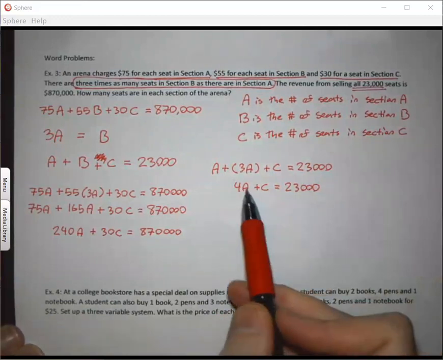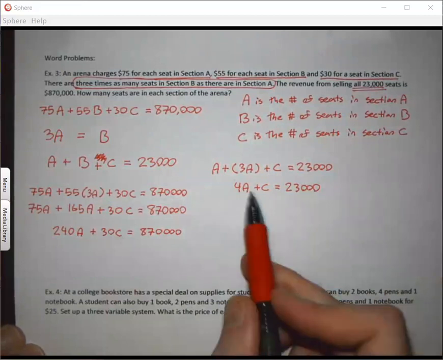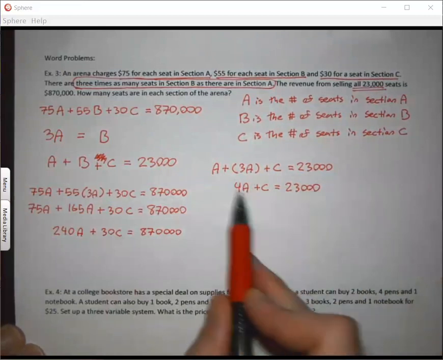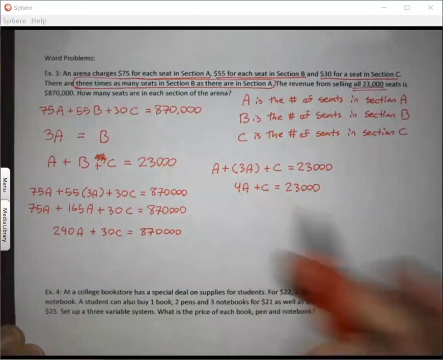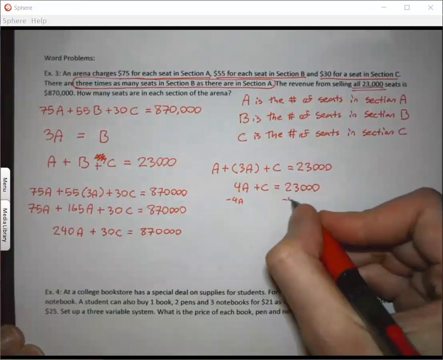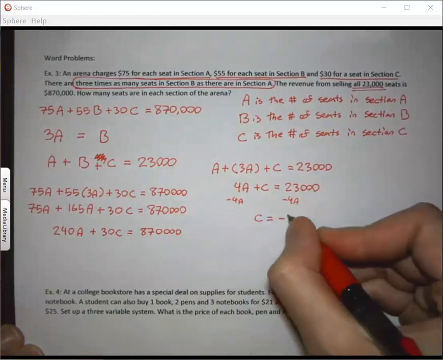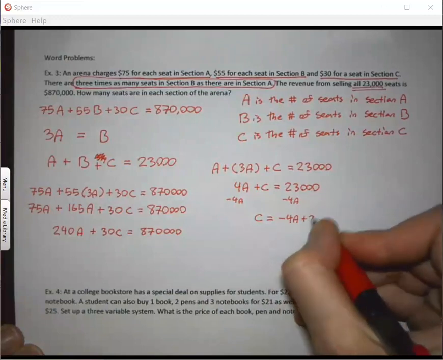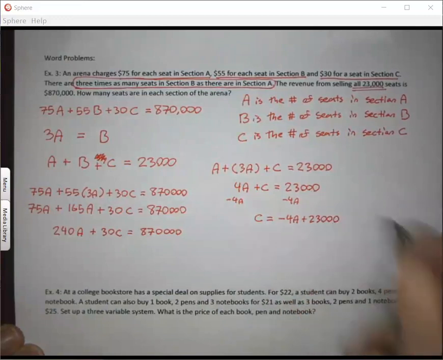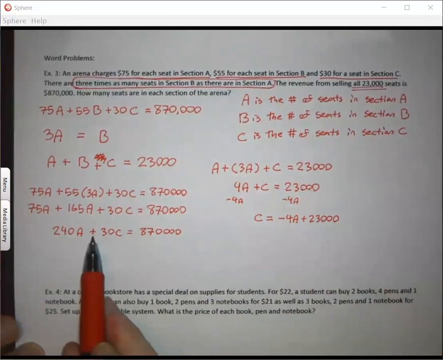Now my goal is to combine these two. You could do elimination. I would say I'm going to do substitution because this is set up with a really nice c. So if I just took away 4a from both sides, I would have c is equal to negative 4a plus 23,000. Now I can substitute c into this equation.